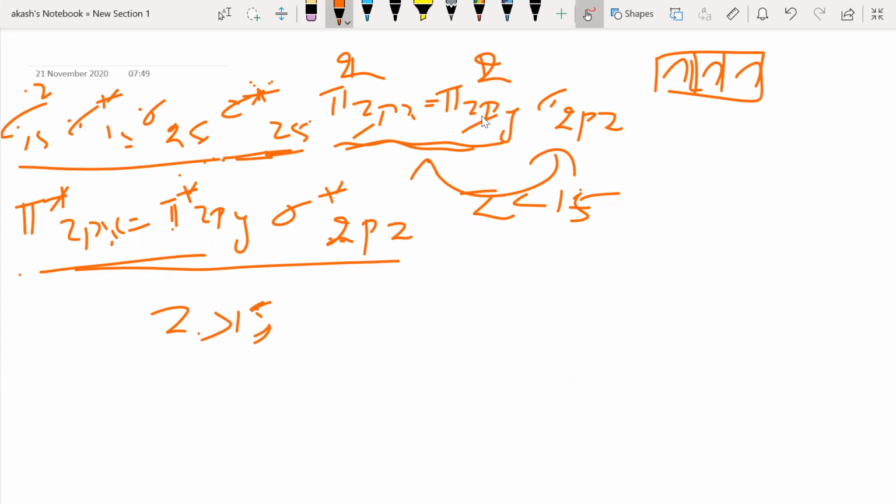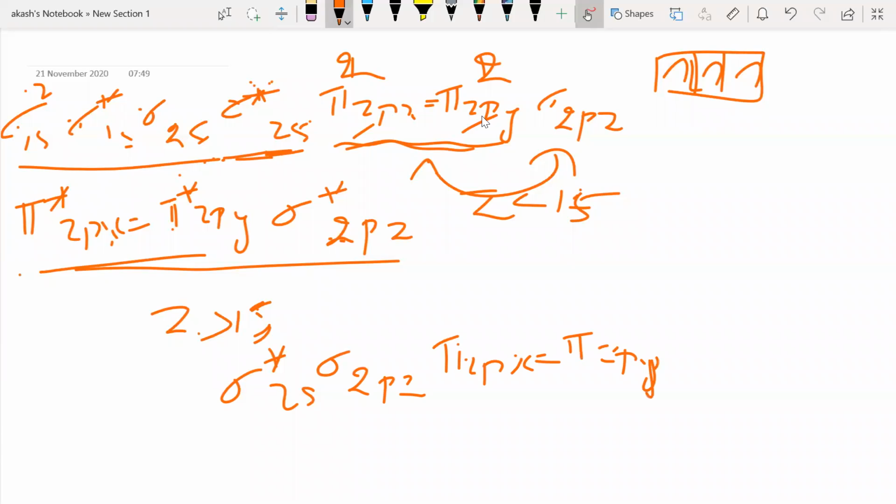So let me start with sigma 1s, sigma star 1s, sigma 2s, sigma star 2s. After that, you will have sigma 2pz and you will have pi 2px equal to pi 2py. So like what I said, sigma 2pz basically came here, and basically you interchange these two. Rest all are going to be very similar, exactly the same. Right? So this is the only thing you have to remember.